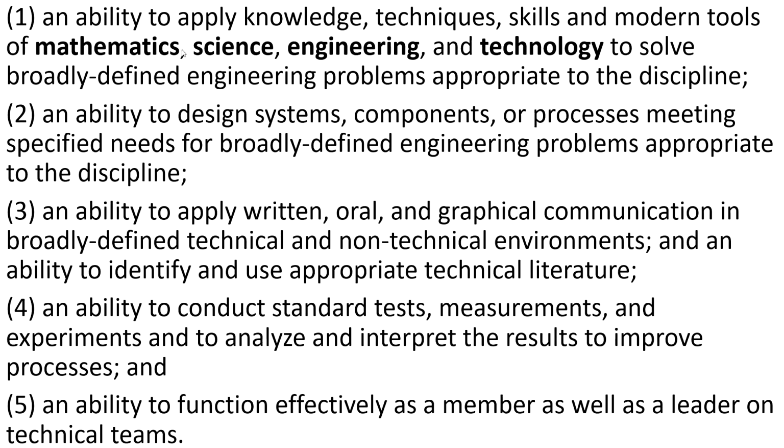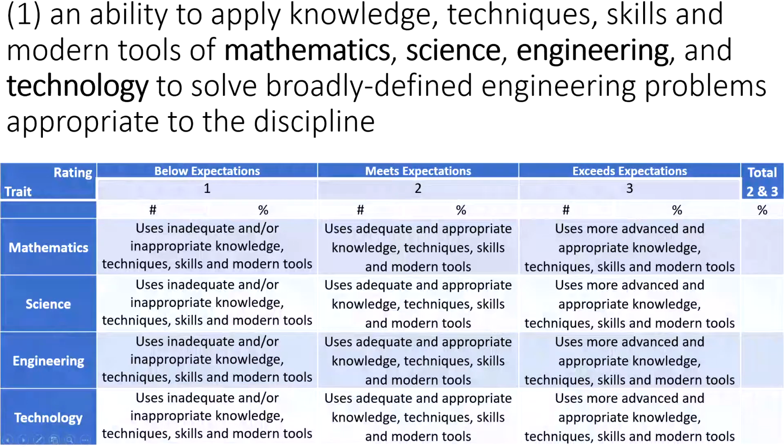If you look at number 1, I have broken down this learning outcome, where you can see the ability to apply knowledge, techniques, skills, and modern tools of mathematics, science, engineering, and technology to solve broadly defined engineering problems. So this is a very complex, multi-dimensional learning outcome.